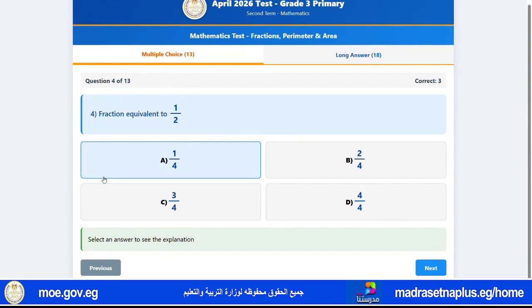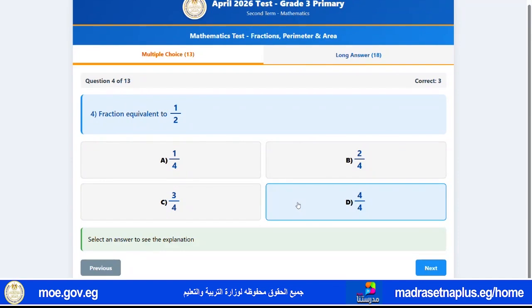Next problem, equivalent fraction. Which fraction is equivalent to 1/2? 1/4, 2/4, 3/4, or 4/4. It's up to you. Now, look at 1/2. How to get equivalent fractions? I told you before, you get them by multiplication or by division.